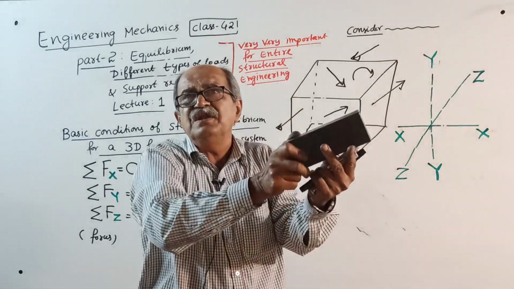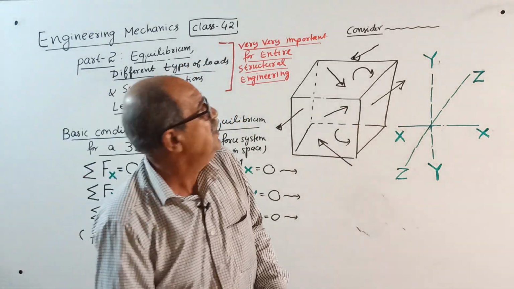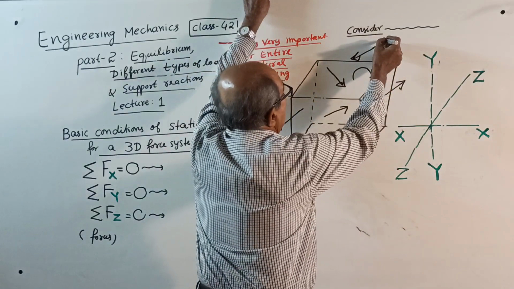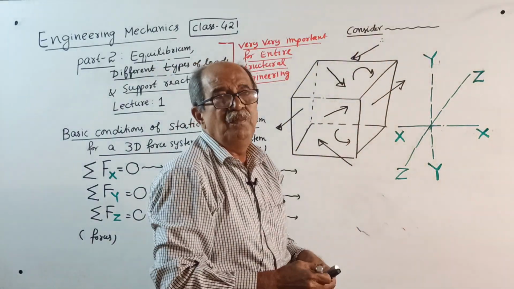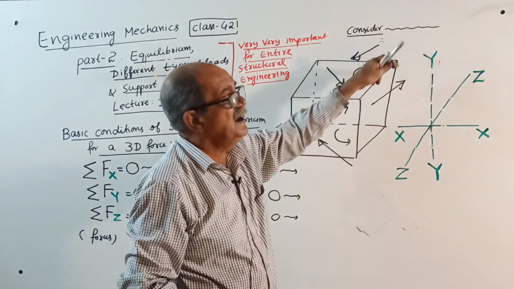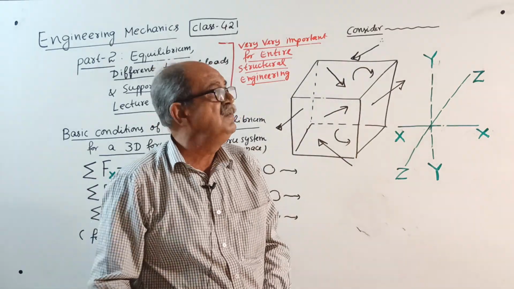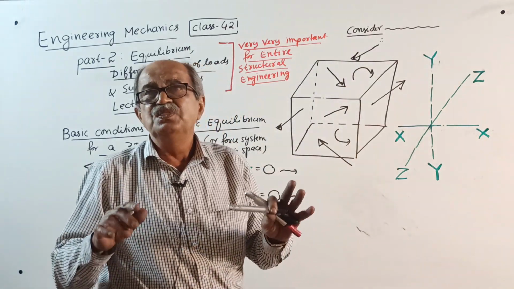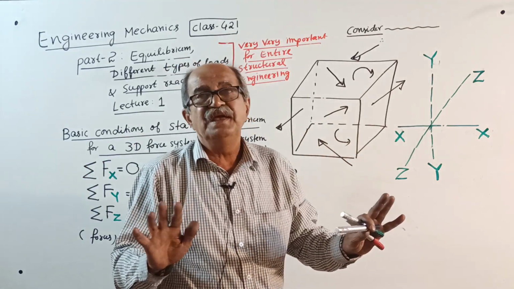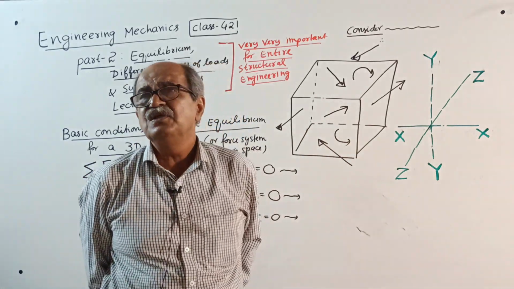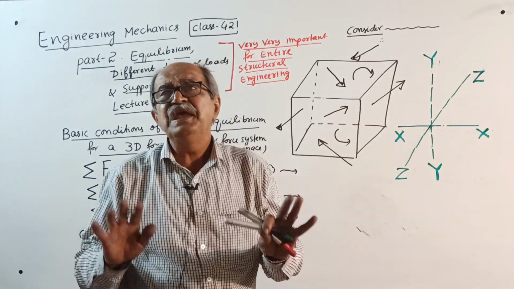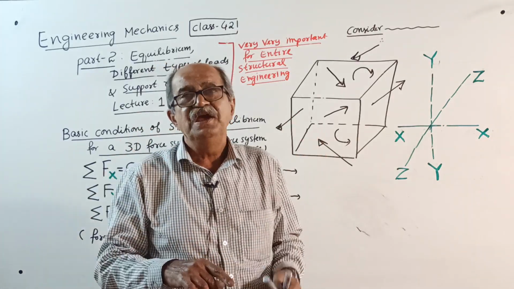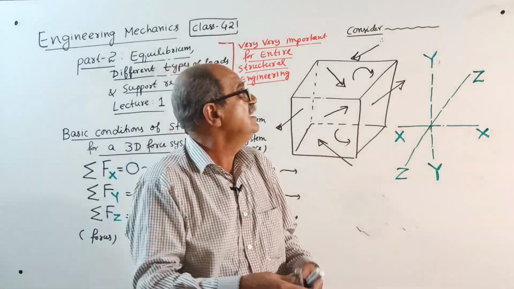Couple will give rotation. Therefore, make a note here: for any body subjected to a general force system, neither translation nor rotation, that is equilibrium. It will remain as it is. It should neither move nor rotate.